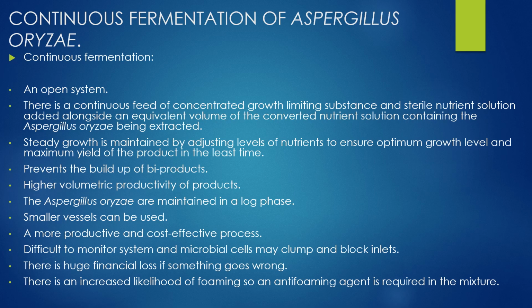It prevents the buildup of byproducts. It has a higher volumetric productivity of products. The Aspergillus oryzae is maintained in a log phase. Smaller vessels can be used. A more productive and cost-effective process is being handled here.